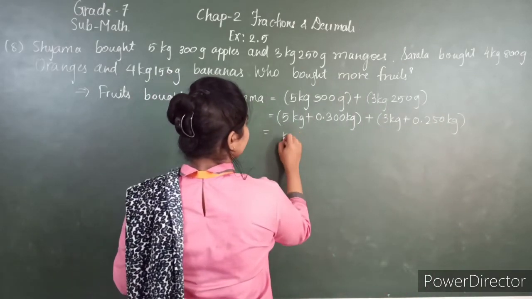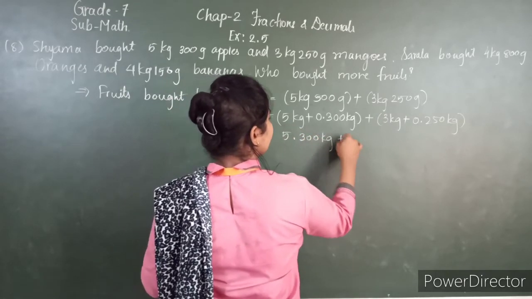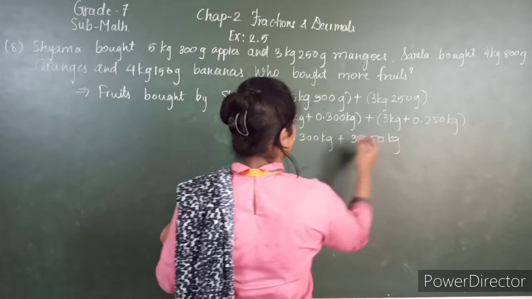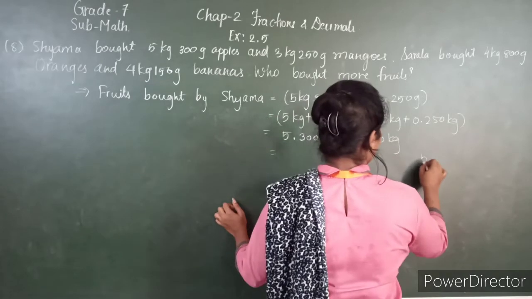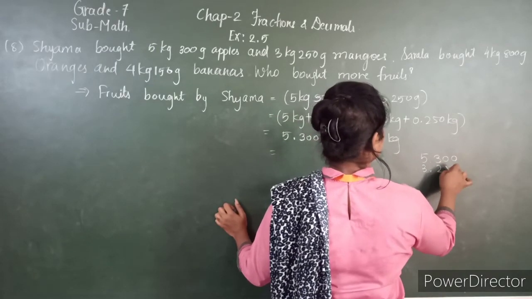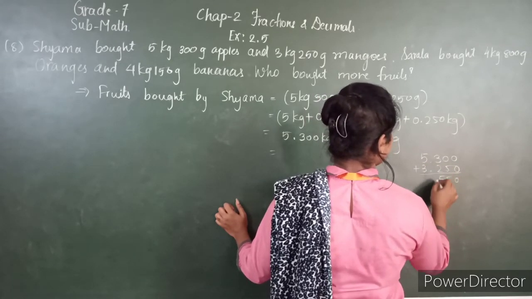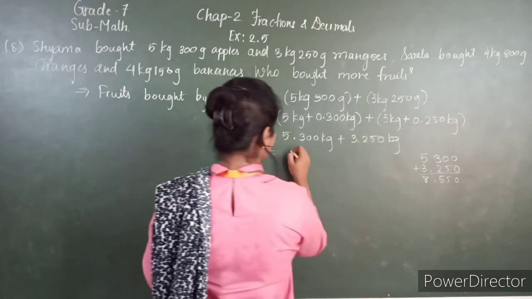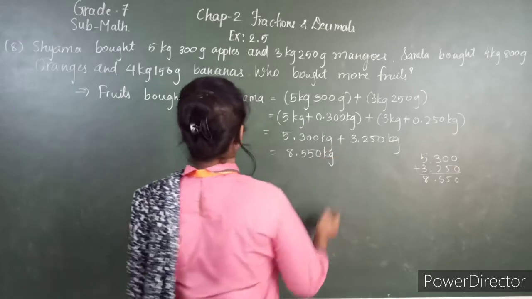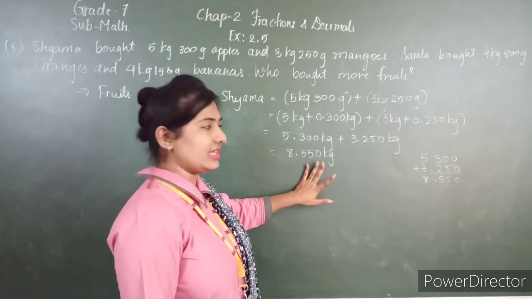So now it is 5.300 kg plus 3.250 kg. If we add this, then it is 8.550 kg. So fruits bought by Shama, that is 8.550 kg.